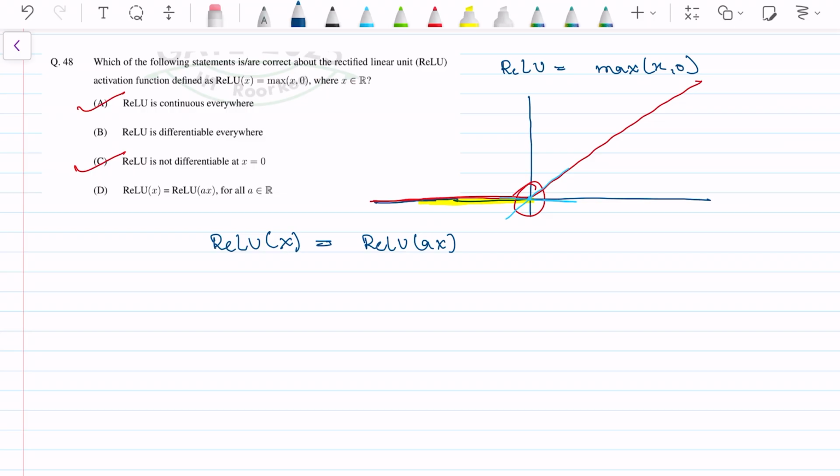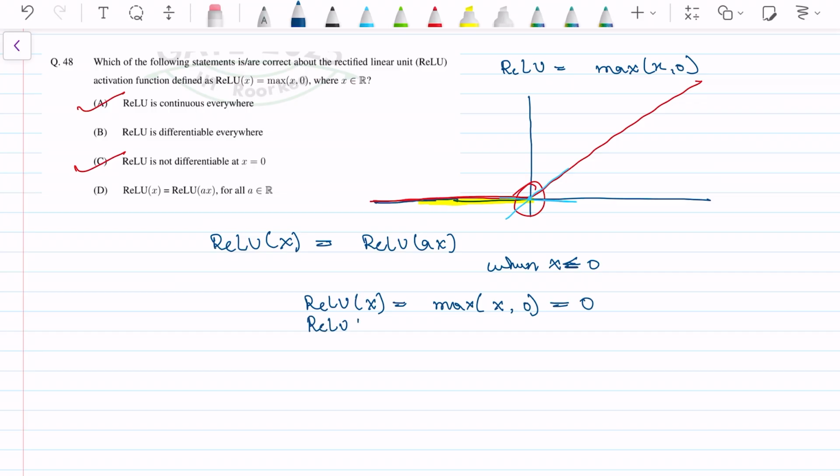So let's look at the case when x is less than or equal to 0. When that's the case, ReLU of x is given by max of x comma 0, and since x is less than 0, the value will come out to be 0.